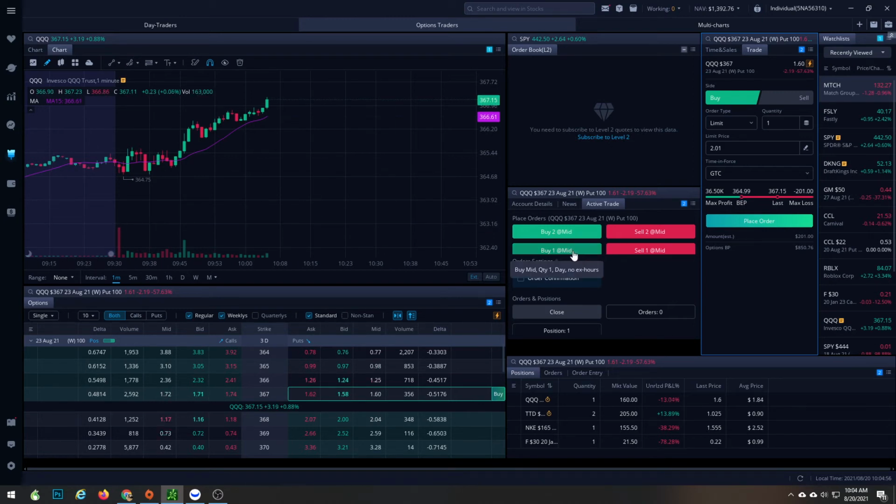Actually, want to get in a little bit here. I don't think it'll hold above this level, but I could definitely be wrong. I don't want to add into a loser here.